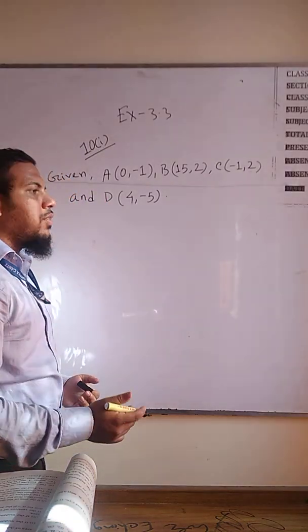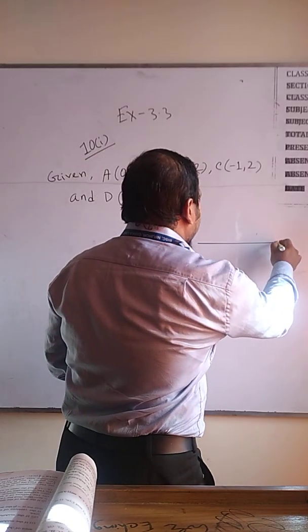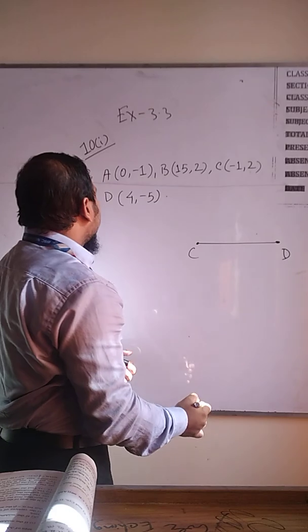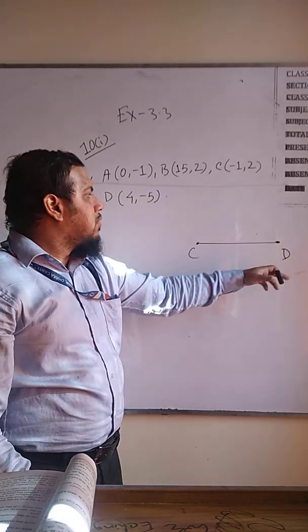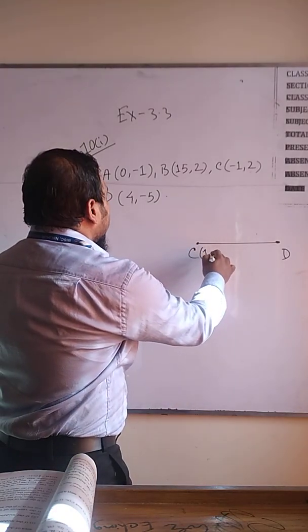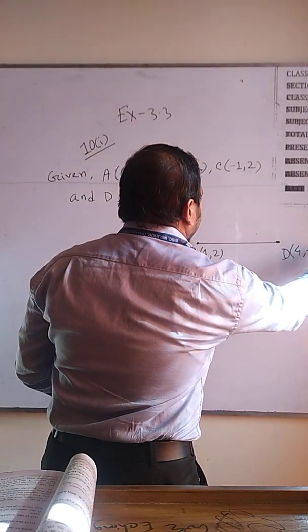Say for example, if we draw the line CD, it is the C point and it is the D point. C is (-1, 2) and D is (4, -5).